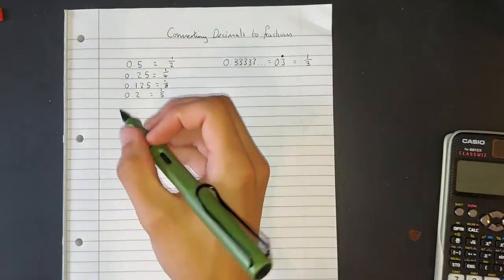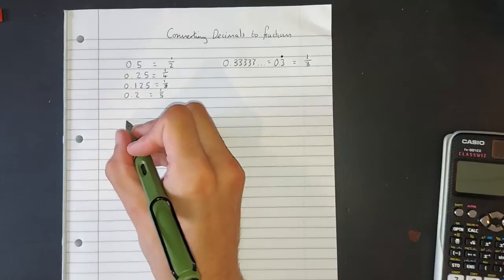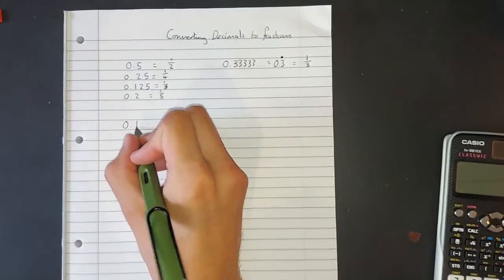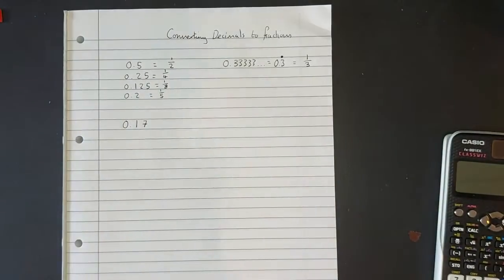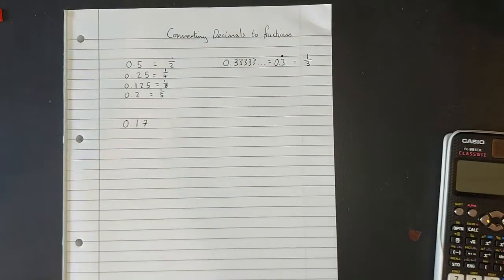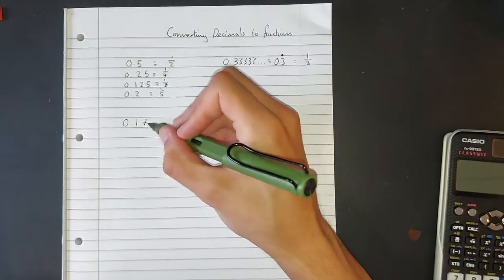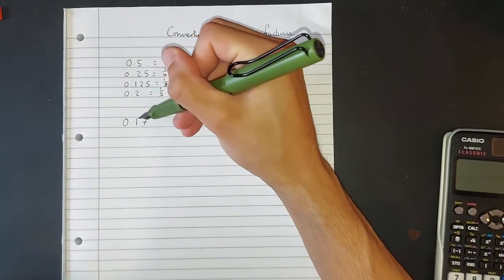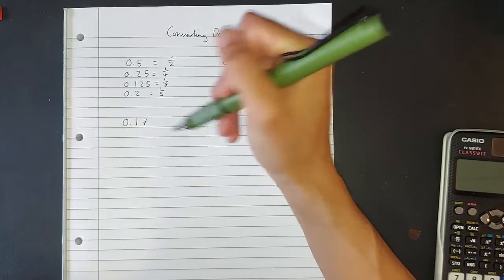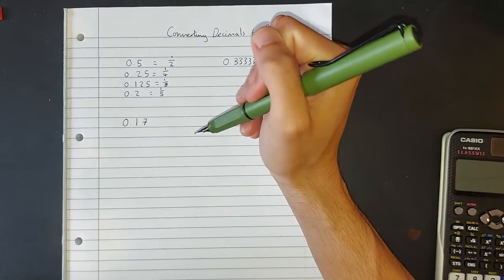Let's look at writing 0.17 as a fraction. Whenever I'm thinking of writing these as a fraction, I'm always thinking, what do these numbers represent here? So we've got 1 in the tenths column, and we've got 7 in the hundredths column.